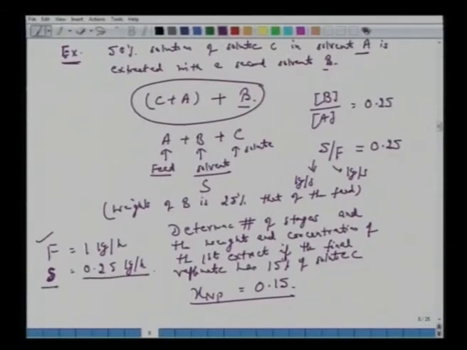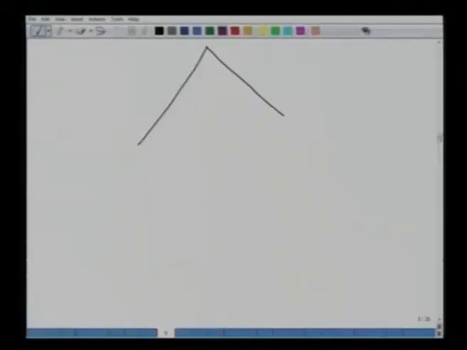So let's draw this equilibrium diagram. We have A, B, we have C, and let's draw this phase envelope, which will go like this. Say this is 10 here, this is 90 here, and let's say 40, and then let's say this is 60.